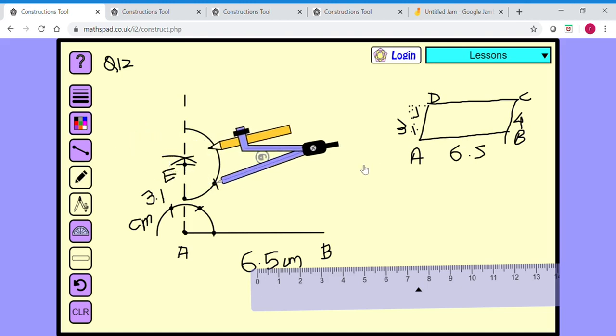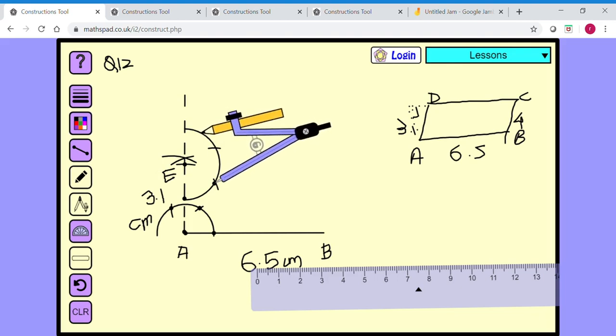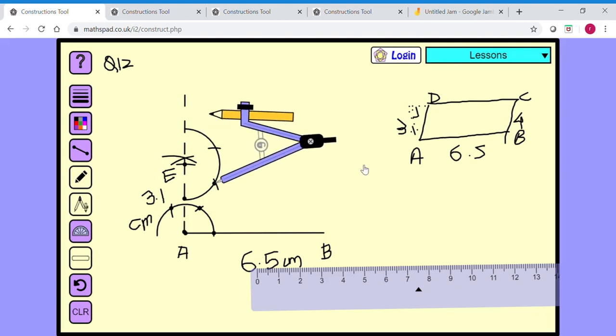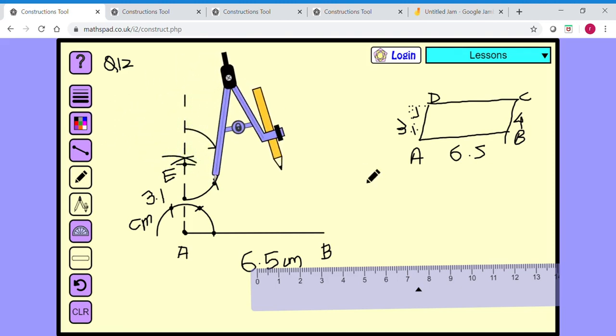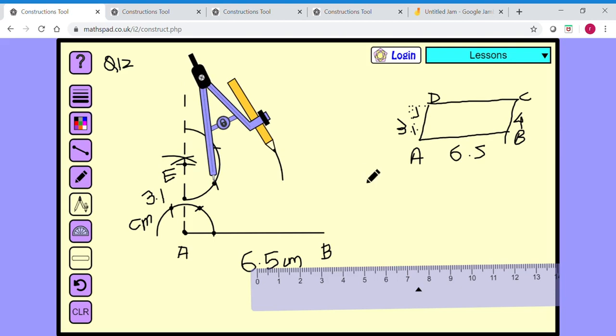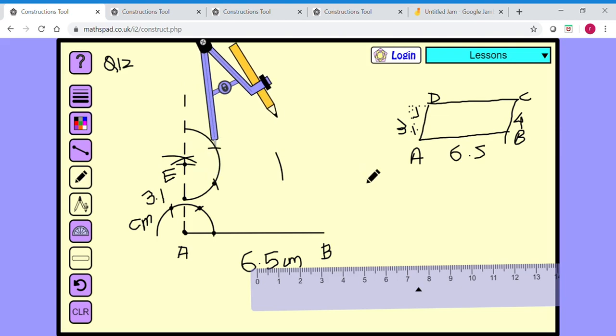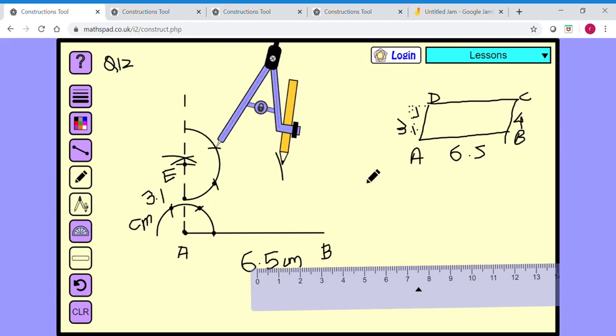Perfect. Now I open the compass slightly more so that my arc is not very close. So now somewhere here will lie my 90-degree line. I pick it up, keep it at the 120 point, and mark the 90-degree line.